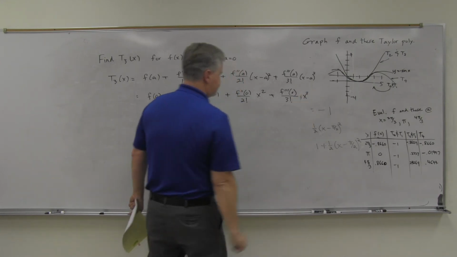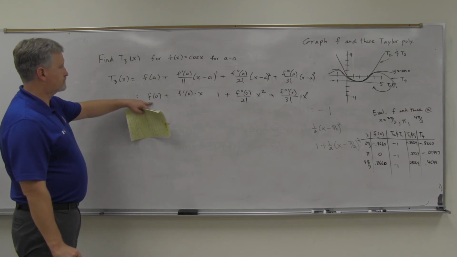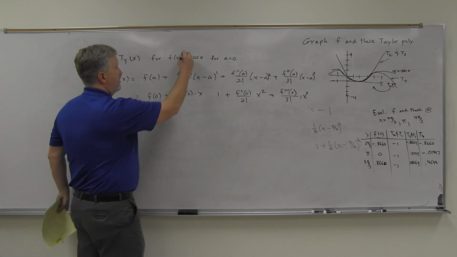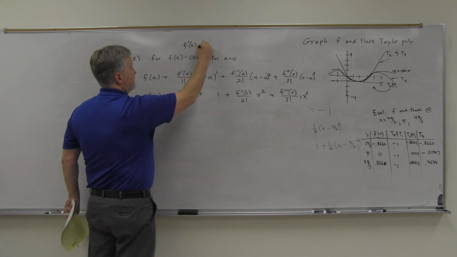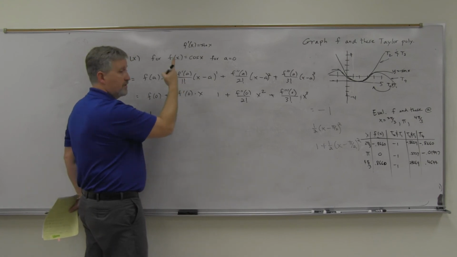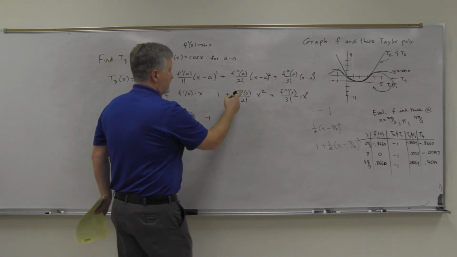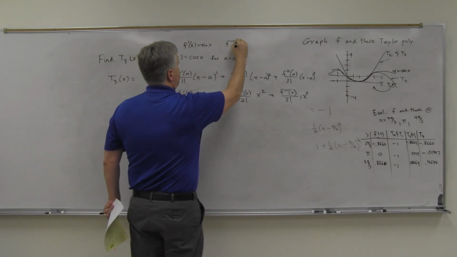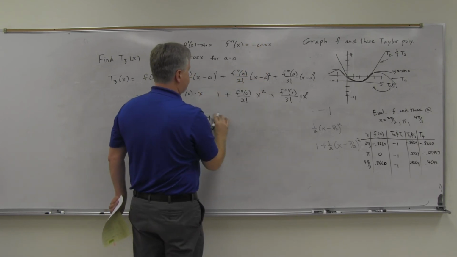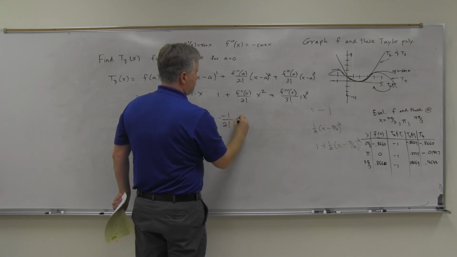Okay, well, all right, so each one of these, f of 0, cosine of 0 is 1. F prime is negative sine of x. At 0, that is 0. So that term turns 0. And then f double prime, the second derivative, would be negative cosine of x, which at 0 would be negative 1, times x squared.